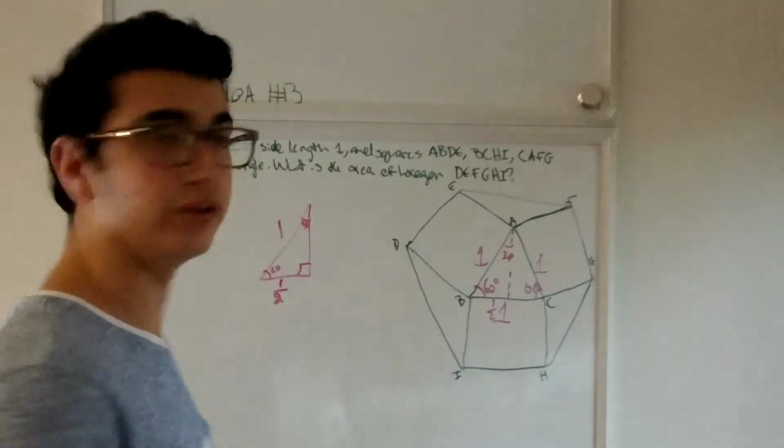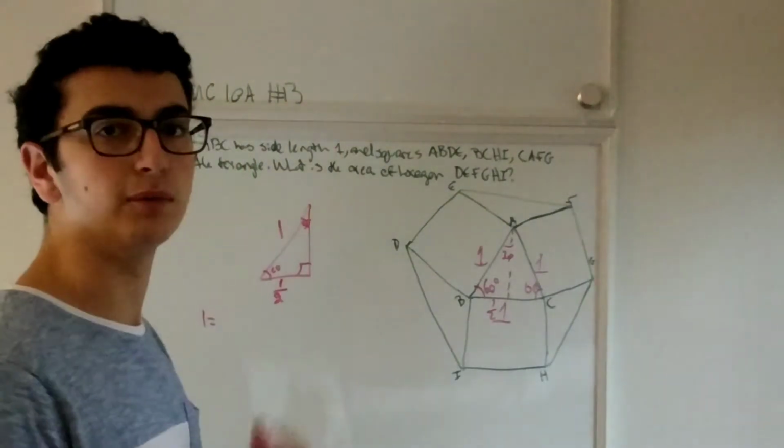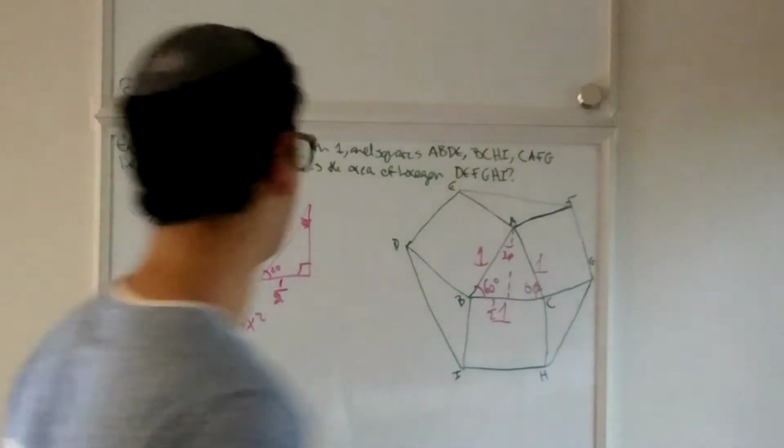To find the height, I'm just going to use the Pythagorean theorem. 1 squared, which is equal to 1, is equal to 1/2 squared, which is 1/4, plus x squared.